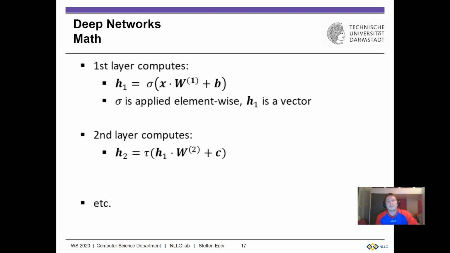But if you're more of a math guy, then you may like those equations that I show you now. Those equations are summarizations of what I've already said. I've said we have the input and we multiply this by a weight matrix. So what's coming out is a row vector times a matrix. What's coming out is another row vector. Then we add to this a bias vector, which we ignore for the moment.